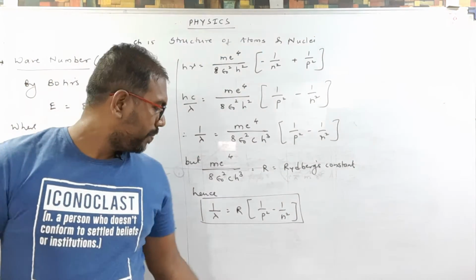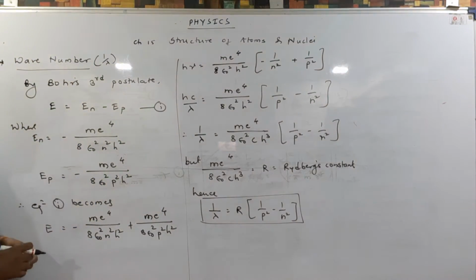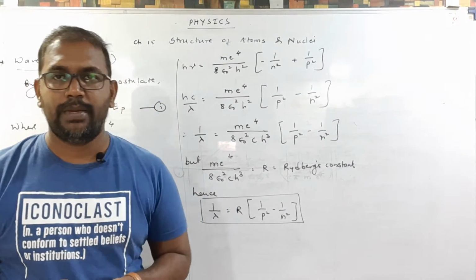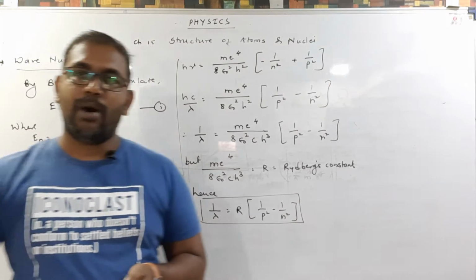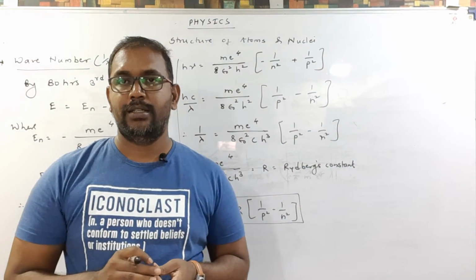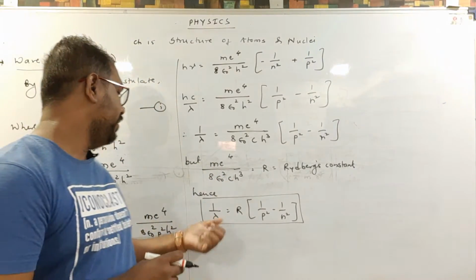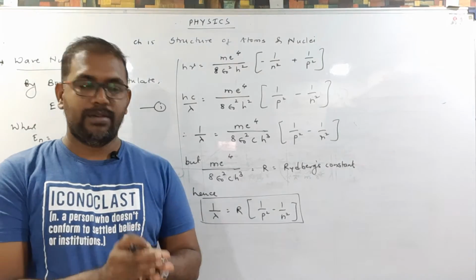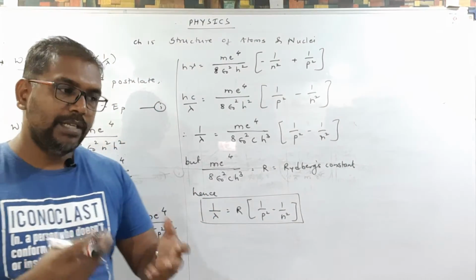I hope everyone understood this. Now after that, we have to use this wave number formula to explain the hydrogen spectrum. Now pay attention here. When electron jumps from outer orbit to inner orbit, then energy is radiated. If you find out the wavelength of that energy radiated, we get a different range of the wavelength as per that energy emitted.